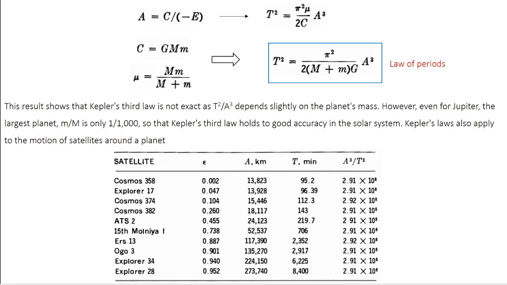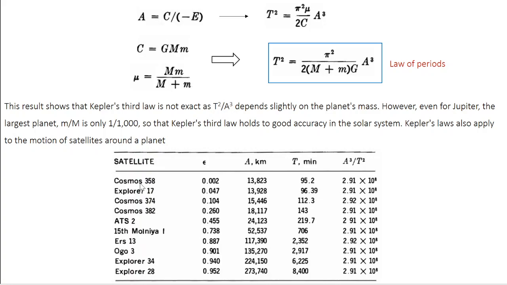And this is true for any satellite system. For example, if you take Earth and any body around Earth, either it is Moon or any other artificial satellite, you can see that in all these cases, Kepler's third law holds good. So here a number of artificial satellites are given.